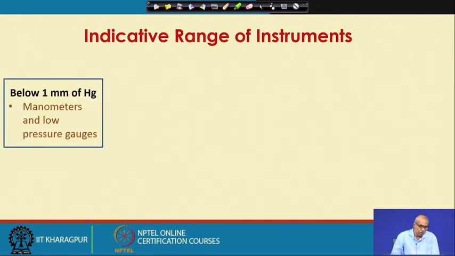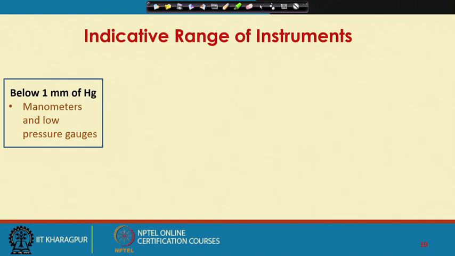Now, let us talk about some indicative ranges of instruments. We want to know what are the ranges of pressures over which I will use, say, a manometer, what are the ranges over which I will use Bourdon tubes, and so on and so forth. The numbers that I am going to present are indicative ranges.